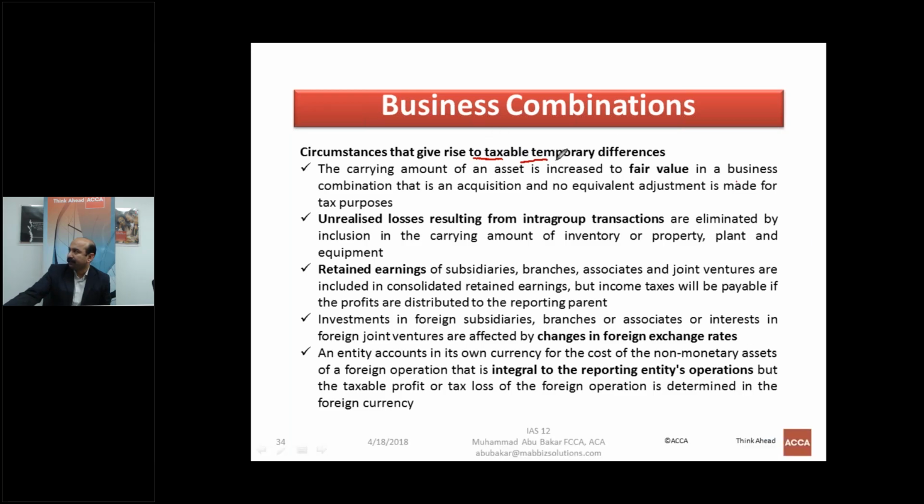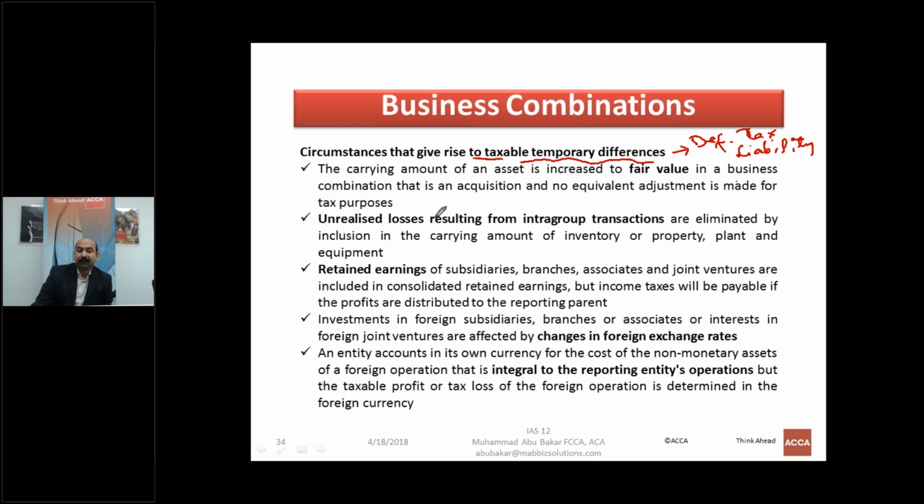Taxable temporary difference will result in deferred tax liability. The carrying amount of an asset is increased to fair value in a business combination, that is an acquisition, and no equivalent adjustment is made for tax purposes. This change of fair value is not accounted for by tax people.